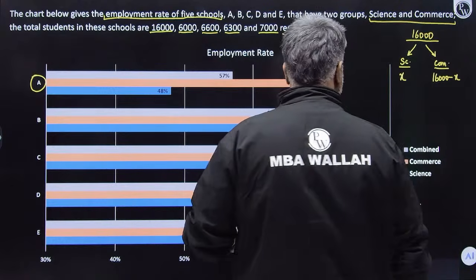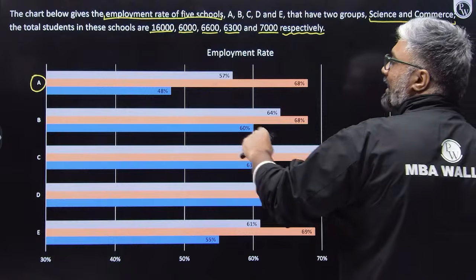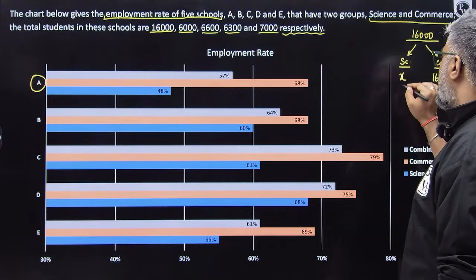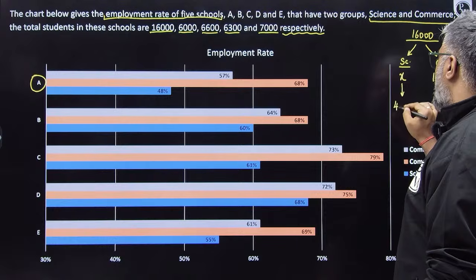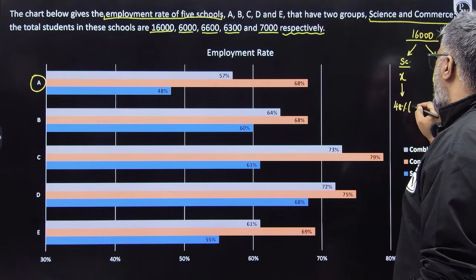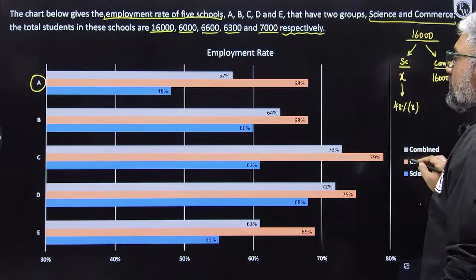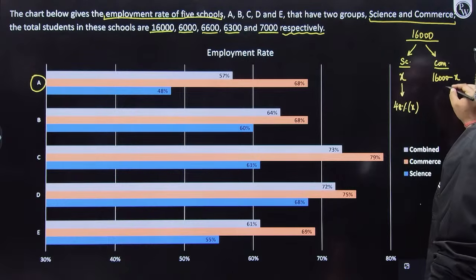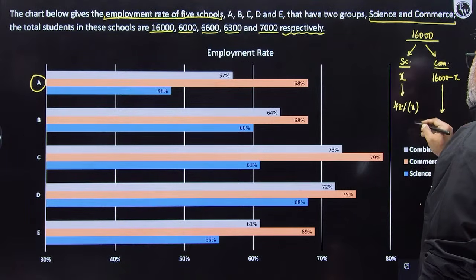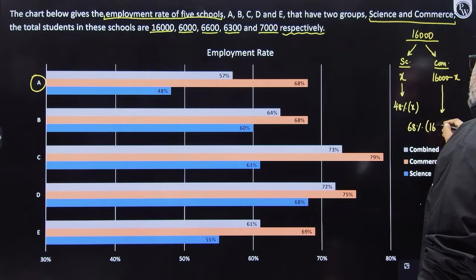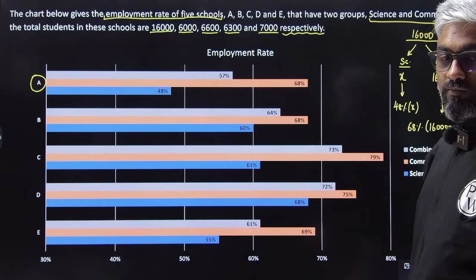Next, blue is science, so 48% of X are employable. Same way commerce, which is orange, is 68%, so 68% of 16,000 minus X are employable.